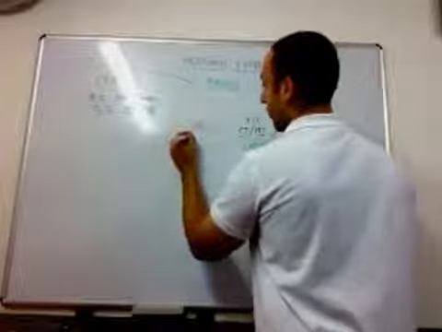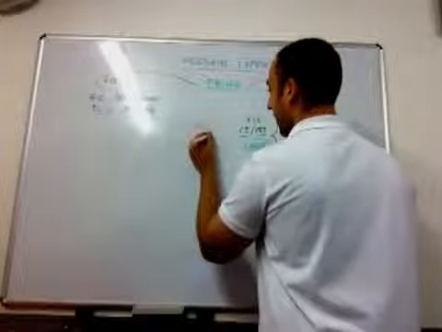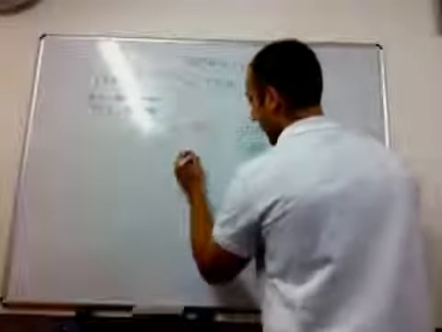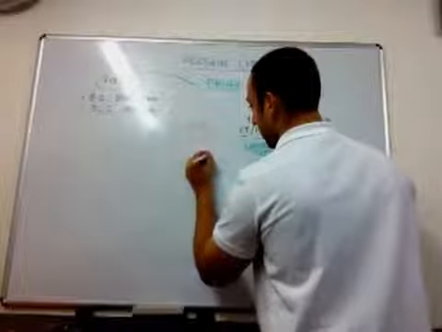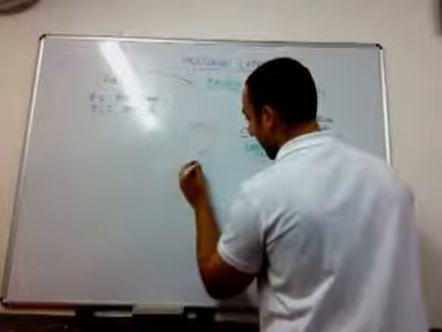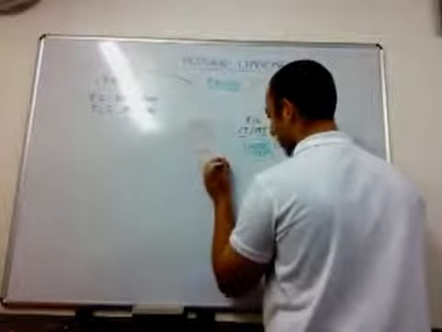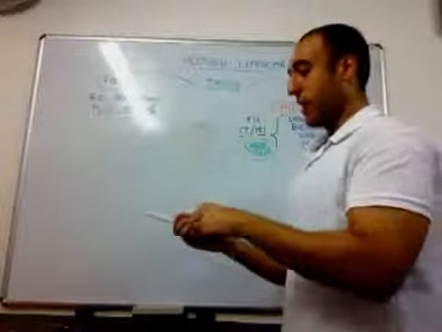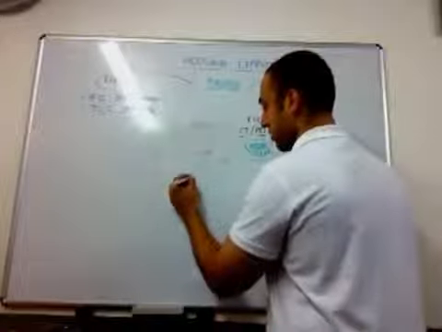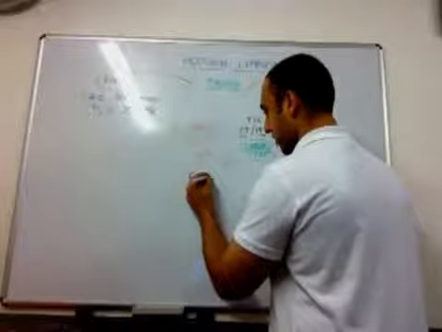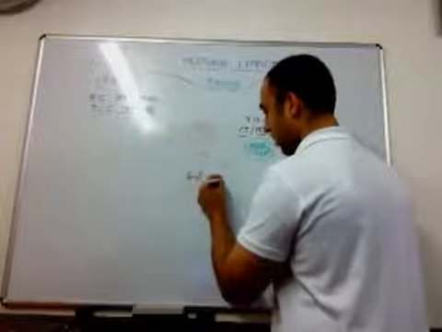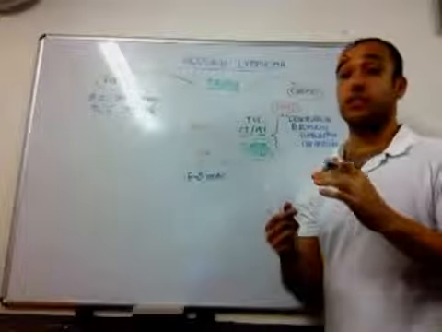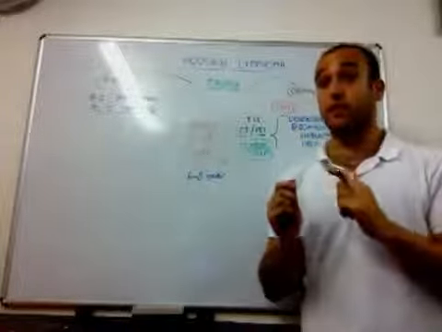Early, we're going to give chemotherapy and radiotherapy. In a late stage, we'll just give the chemotherapy with a possibility of radiotherapy, and that's 6 to 8 cycles of the ABVD regimen.